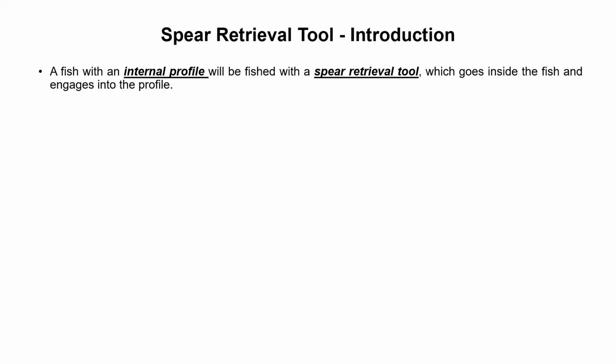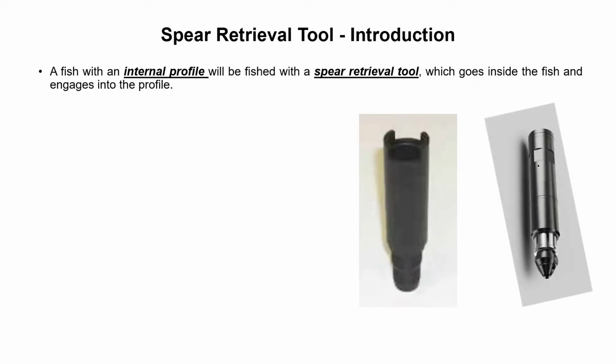Talking about the introduction of the spear retrieval tool, it is written that a fish with an internal profile will be fished with a spear retrieval tool, which goes inside the fish and engages into the profile. What does it mean? Let's understand with the help of this diagram. Here we have a fish neck.